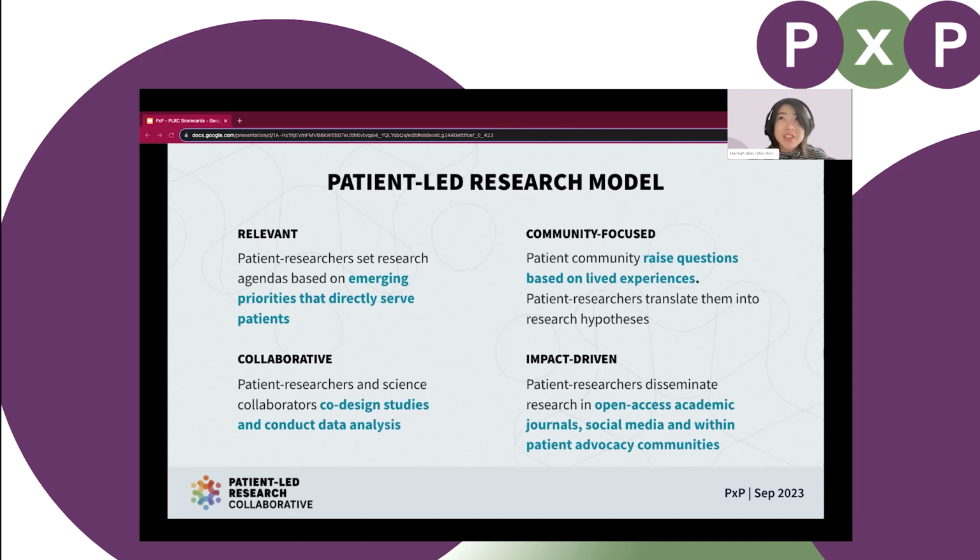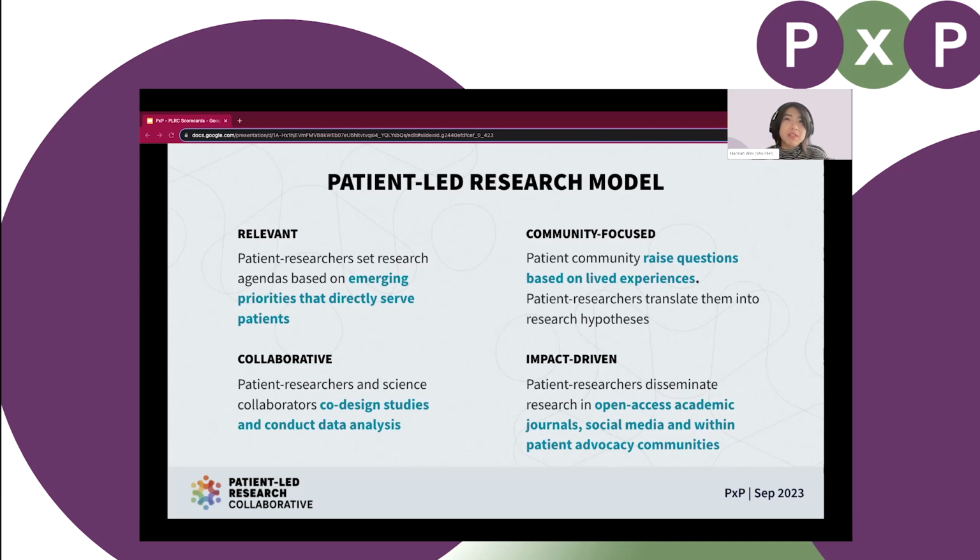Community-focused collaborations as well. We have the patient community raise questions based on lived experiences, and this ties directly into our hypothesis project. And patient researchers also help translate papers into accessible material for the community.